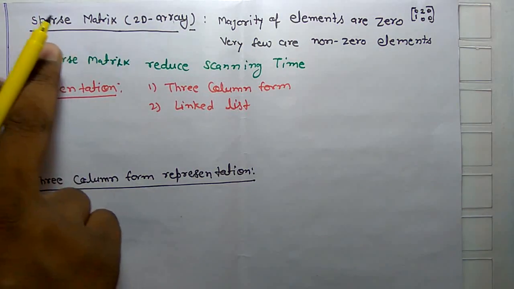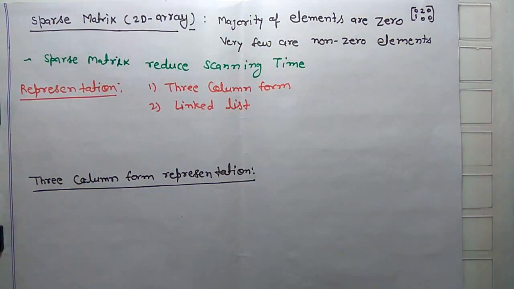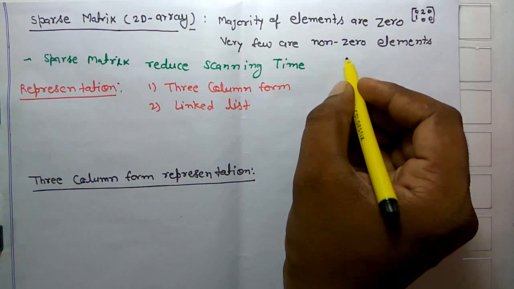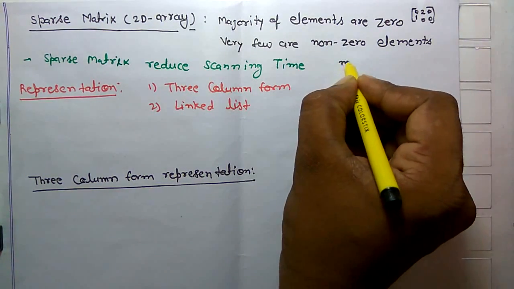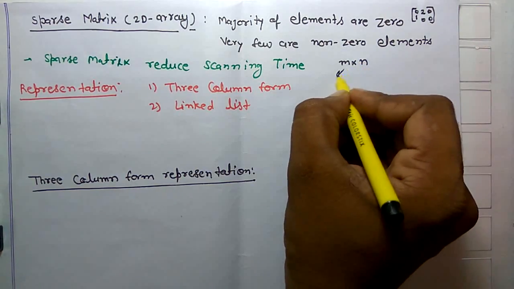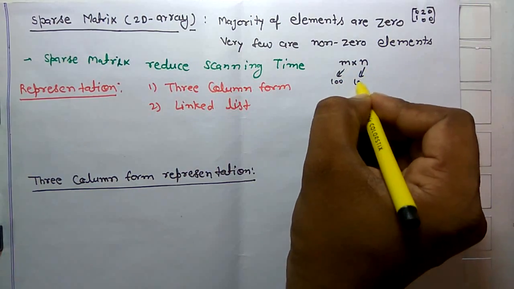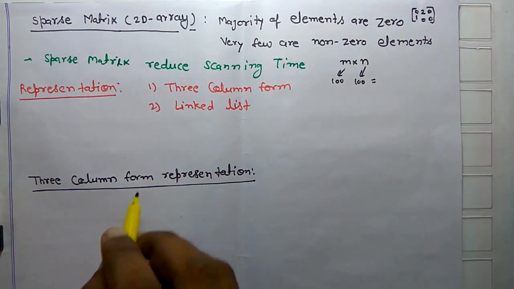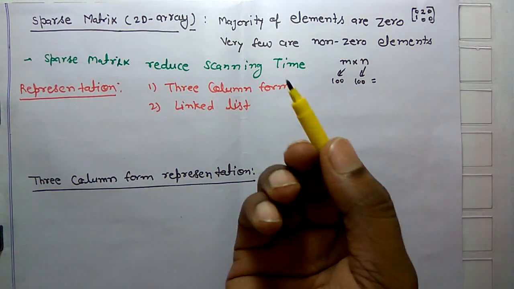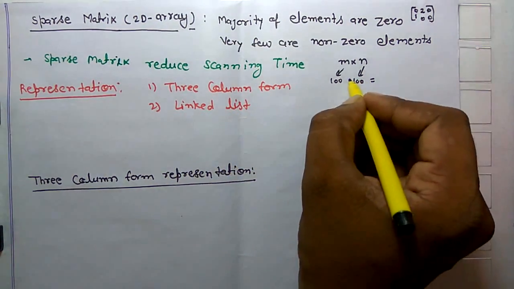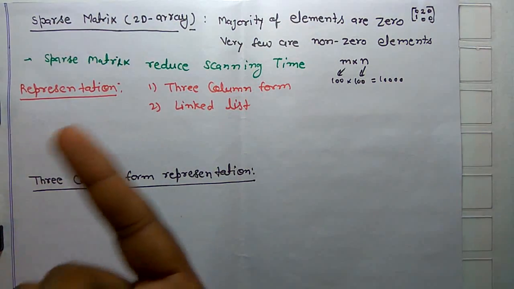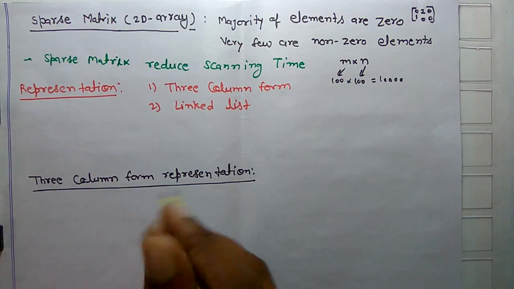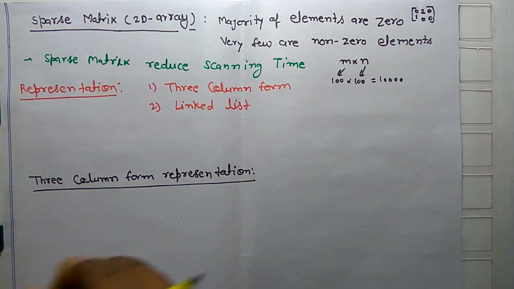So why are we using a sparse matrix? It reduces the scanning time. How exactly does it reduce the scanning time? If there is an M cross N matrix, with M equal to 100 and N also 100, then for scanning all the elements you require 10,000 scans to find where exactly a value exists.